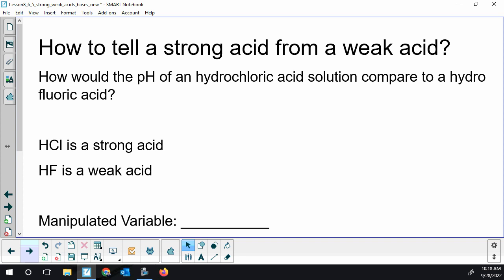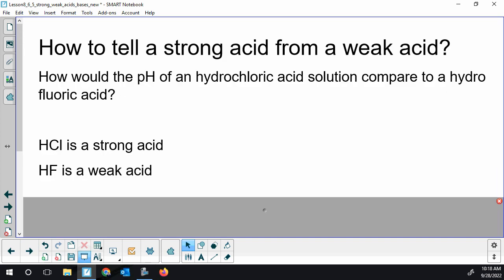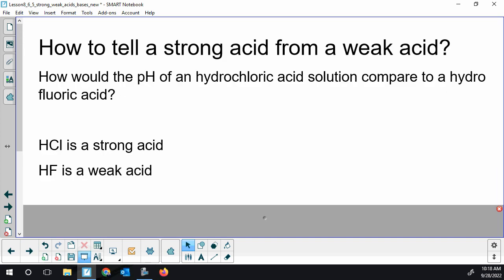So I want you to think that I'm going to recap how we would compare the pH of a hydrochloric acid solution to a hydrofluoric acid solution. Now, hydrochloric acid is strong, HF is weak. Now, we need to add a bit more pieces to this than just having the two acids.